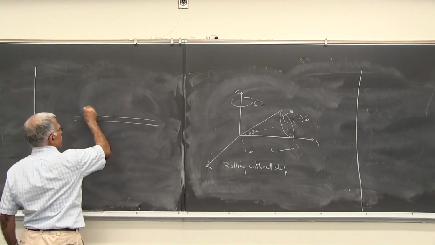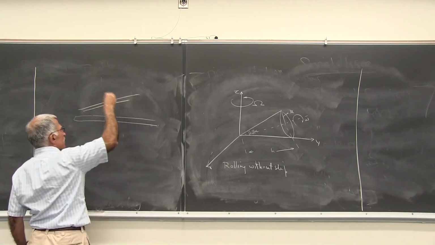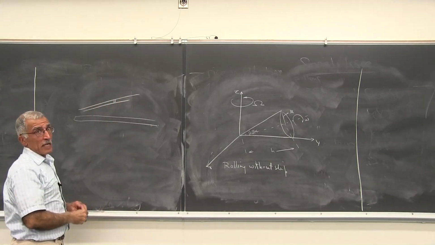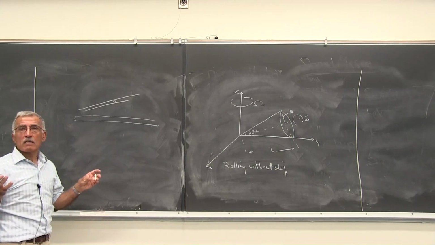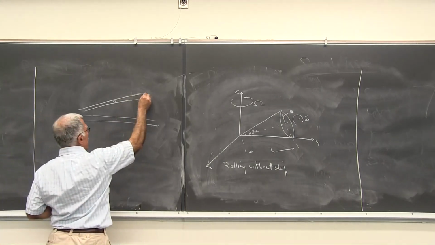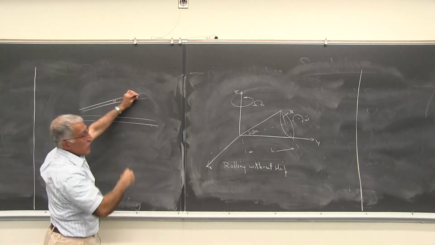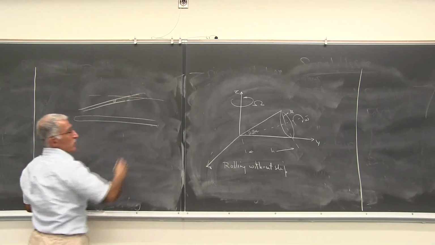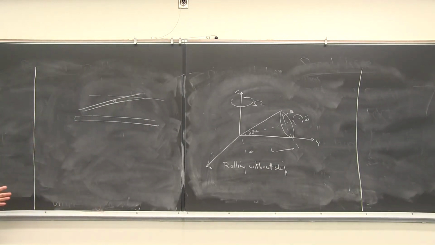You can say my object has rotated with respect to this axis coming out of the page, and that's still omega. Doesn't make any difference. Or you can say my object has rotated around this point that comes out of the page. No problem. Initially it was here, now your object has rotated.